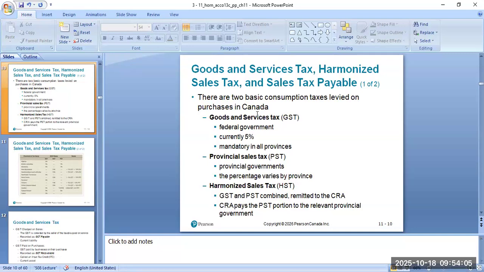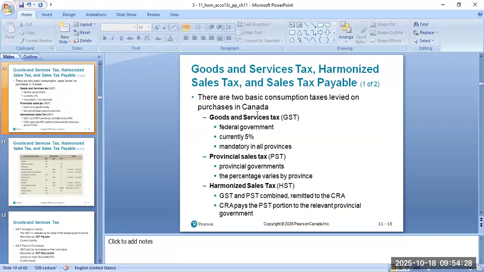If you check your receipt, once you shop for shoes in any store in Canada, at the end of the receipt, you're going to see the purchase price, number of items, price per item, total, then you're going to see the total taxes, and the total amount due.